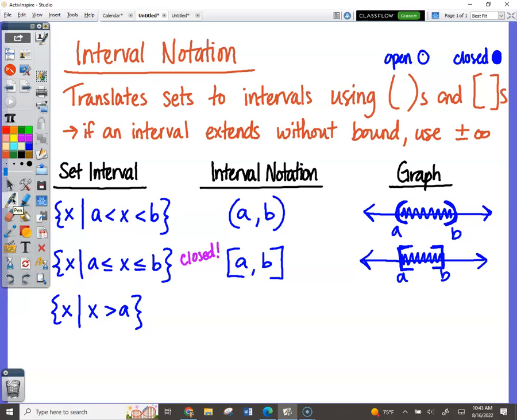So this interval, this set, is the set of all numbers x such that x has to be greater than a, which means the minimum value is a and then it's counting up, right?